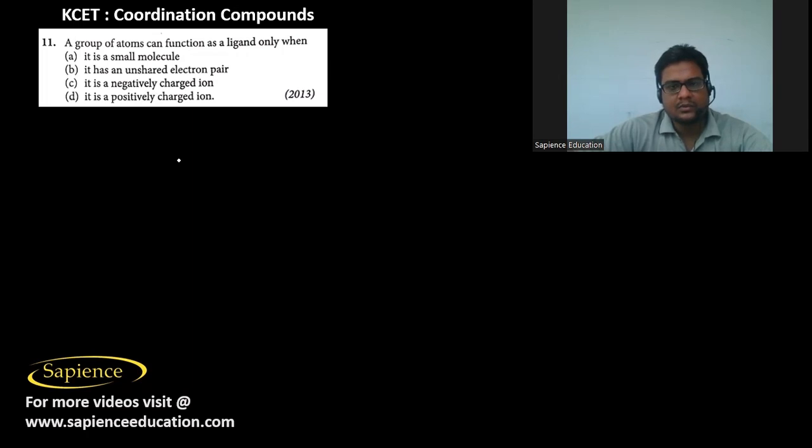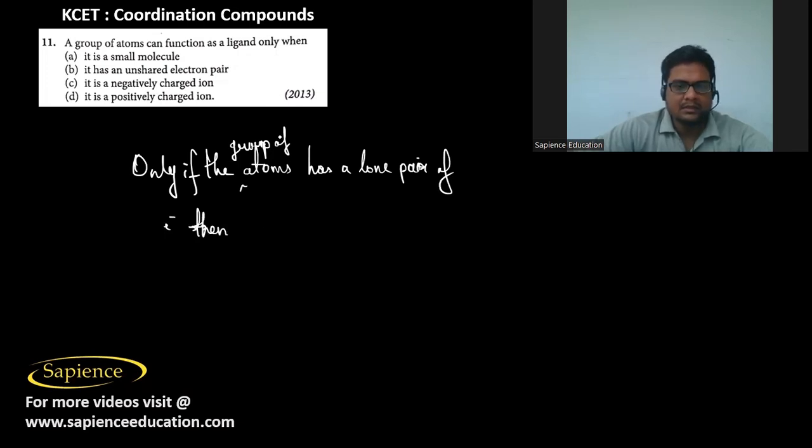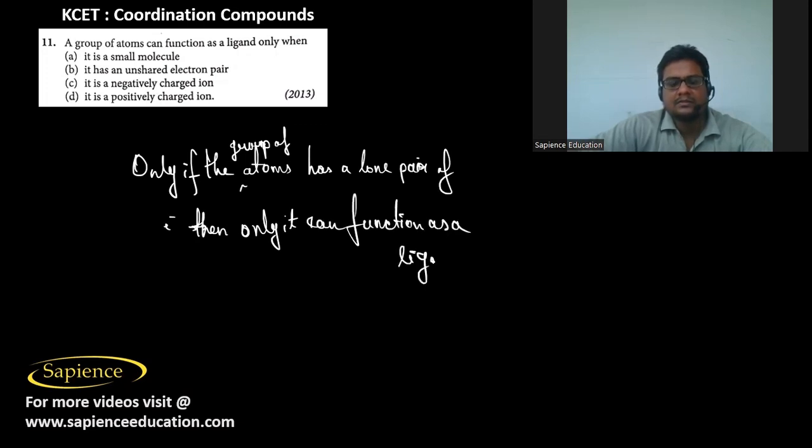So only if the group of atoms has a lone pair, or I can say an unshared pair of electrons, then only it can function as a ligand in a metal complex. So option B is the correct answer.